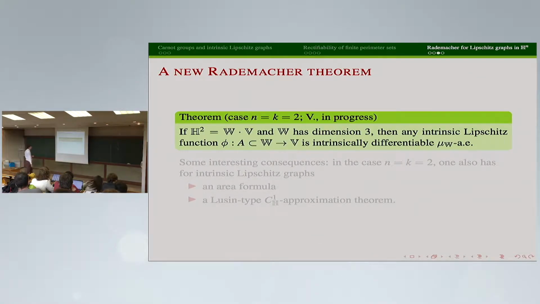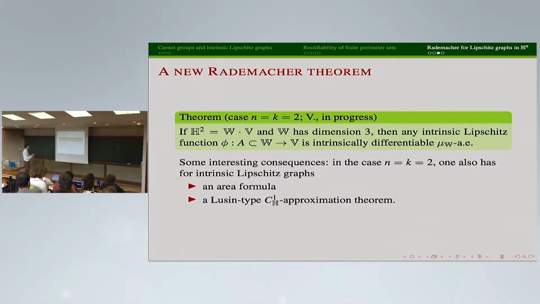So in H^2, when you consider a splitting W times V, where W is vertical and three-dimensional, and V is horizontal and two-dimensional, then any intrinsic Lipschitz function from W or a subset of W to V is differentiable almost everywhere. So almost everywhere, the blow-up of the graph is a subgroup.